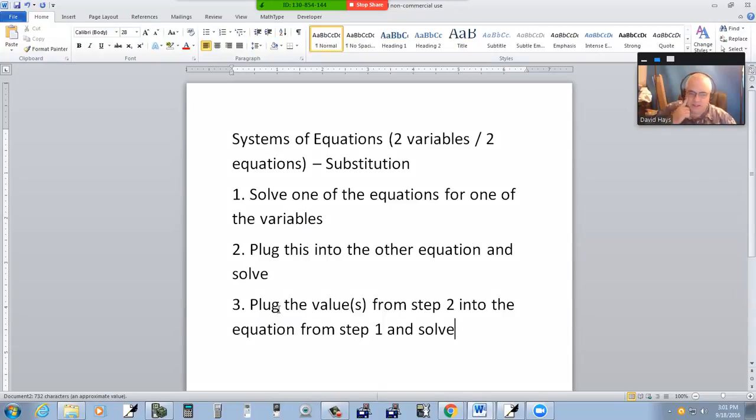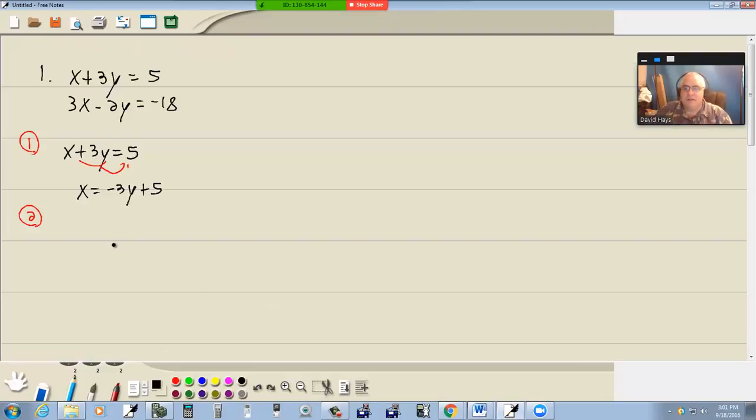Step 2, plug this into the other equation and solve. Our other equation was 3x minus 2y is equal to negative 18. Right up here we just said x is equal to negative 3y plus 5, so we're going to replace the x here with negative 3y plus 5.